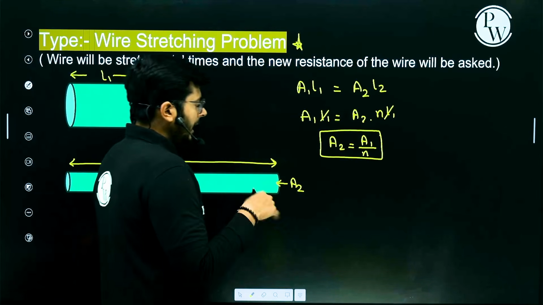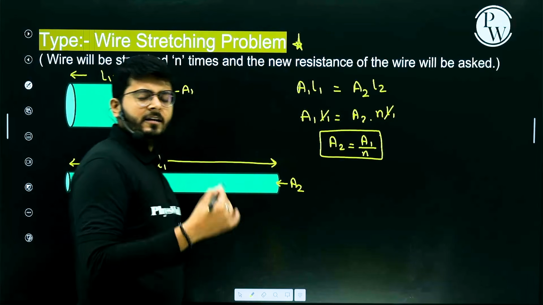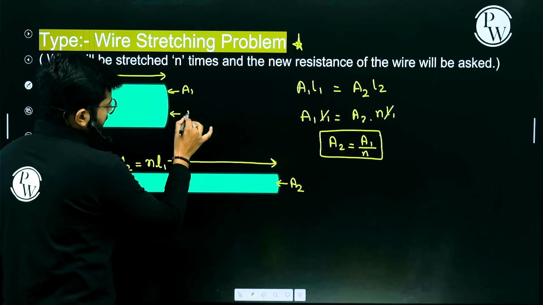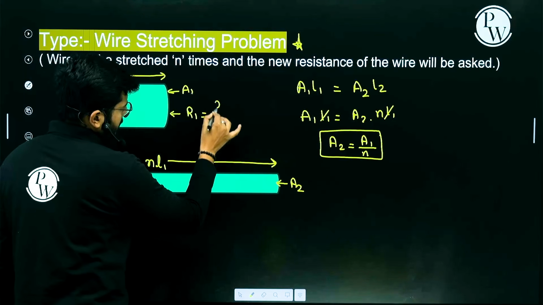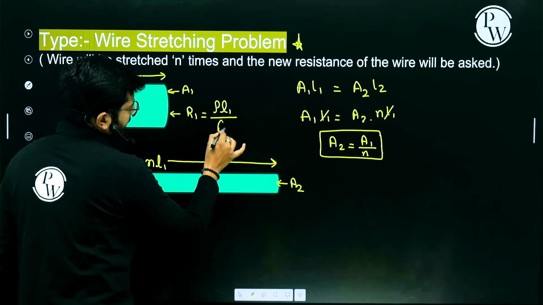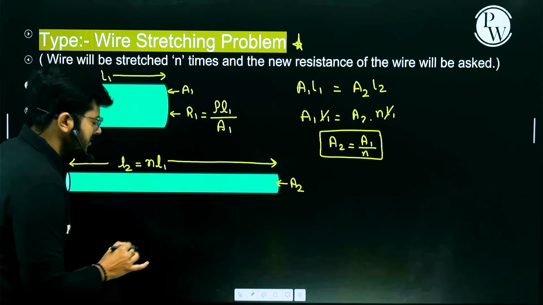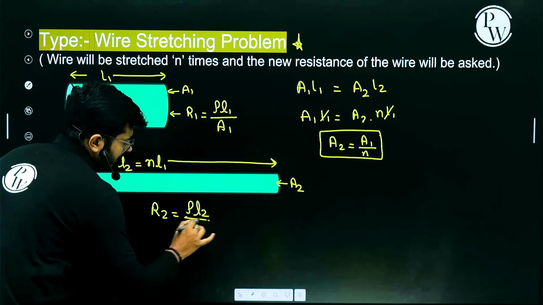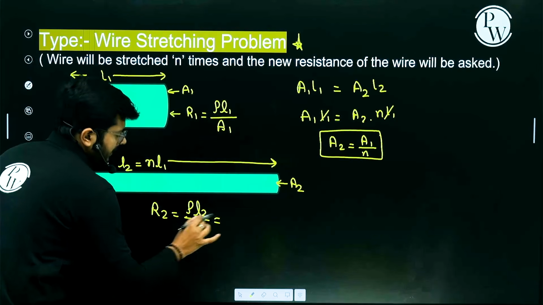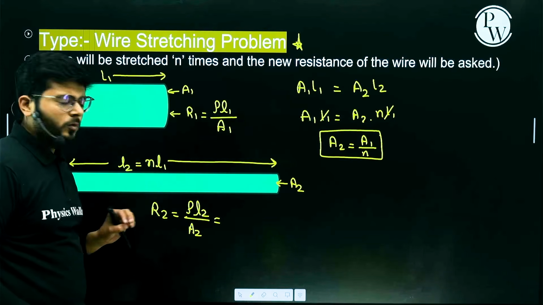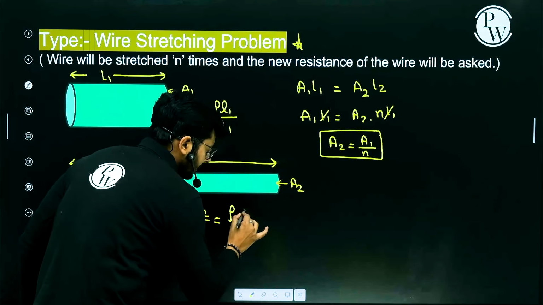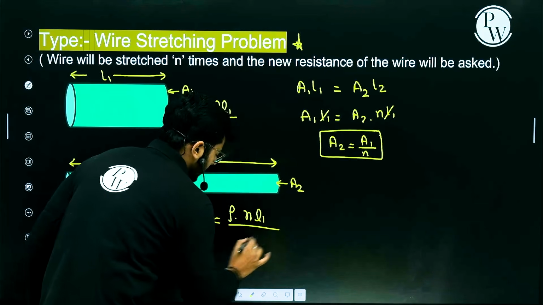Now, due to this, what will be the effect on the resistance? Initially, the resistance of the initial wire was rho L1 upon A1, right? What will be the new resistance? New resistance will be rho L2 upon A2. Now, instead of L2, you can say L2 is n times the original length. So rho n times the original length upon A2.